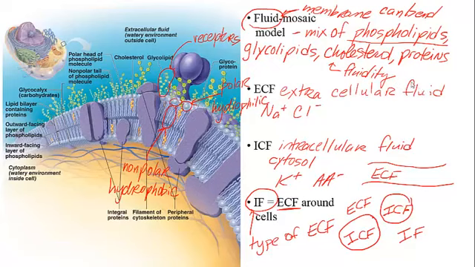The other important structure that we have in these membranes are proteins. So this, for example, would be a protein. It would be an integral protein that we see here, and this one would be a peripheral protein. Proteins have many different functions. Proteins can function as pores, meaning they can allow molecules to either enter the cell or exit the cell.